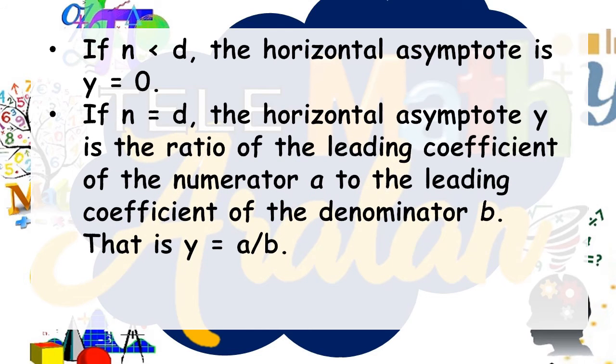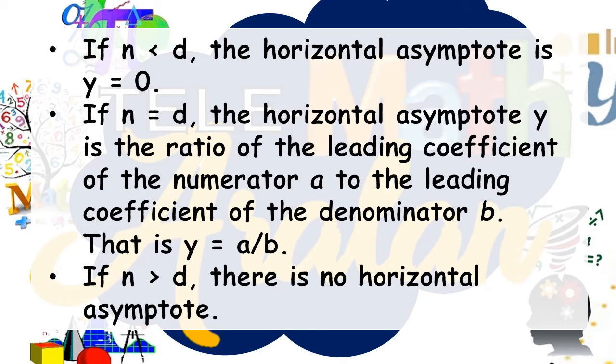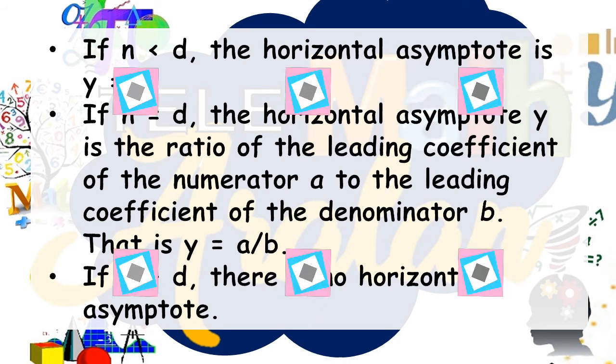If n is equal to d, the horizontal asymptote is y = a/b, the ratio of the leading coefficient of the numerator a to the leading coefficient of the denominator b. If n is greater than d, there is no horizontal asymptote.